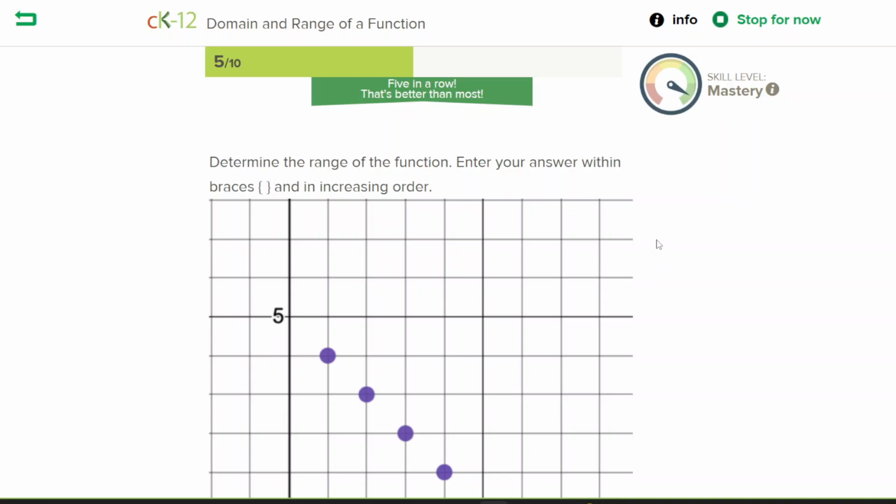A function is a set of ordered pairs, a relation where each value of the domain is paired with exactly 1, not less than 1, not more than 1. Each value of the domain is paired with exactly 1 value of the range.